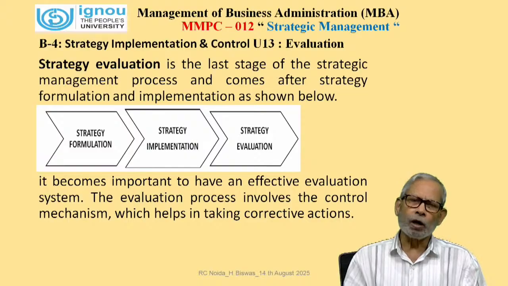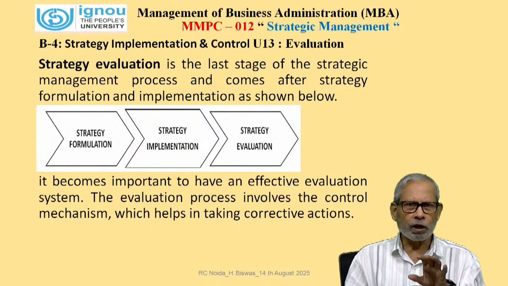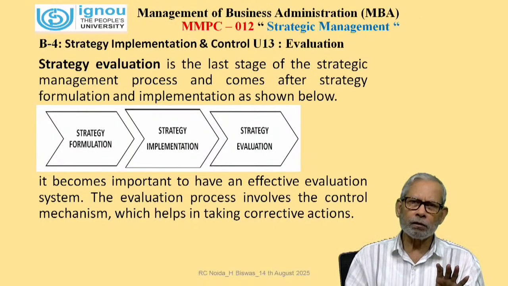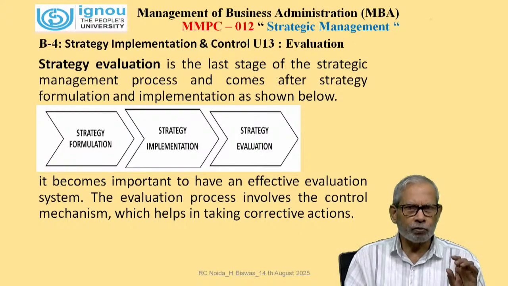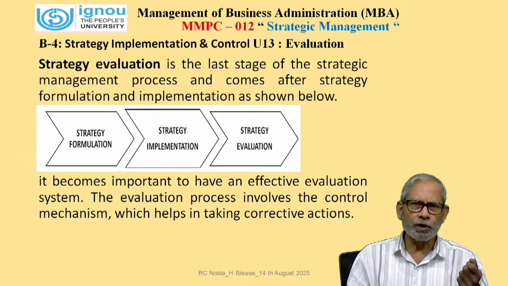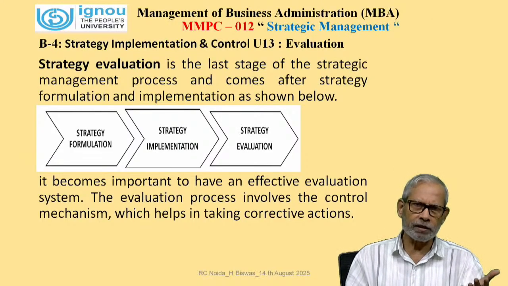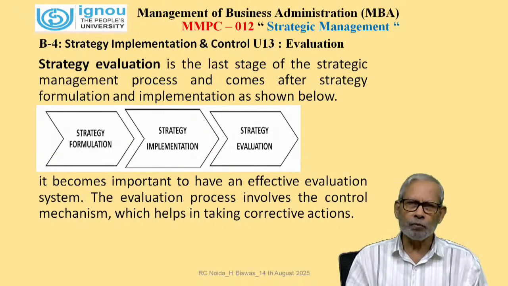So, in one sentence, evaluation will tell you where action is to be taken, or where the measuring part is required for fine tuning. That part, the evaluation gives you the inputs.